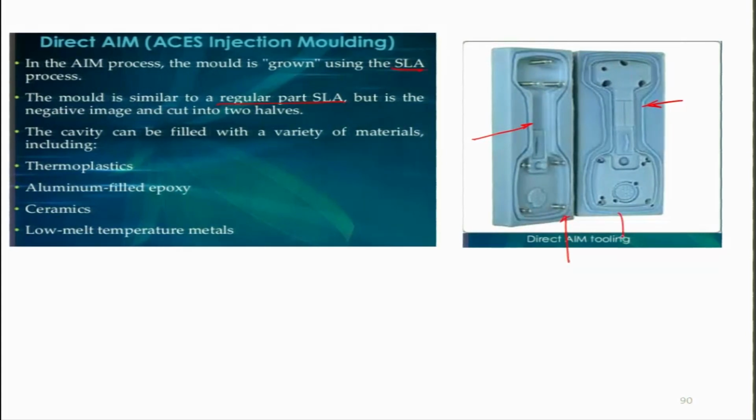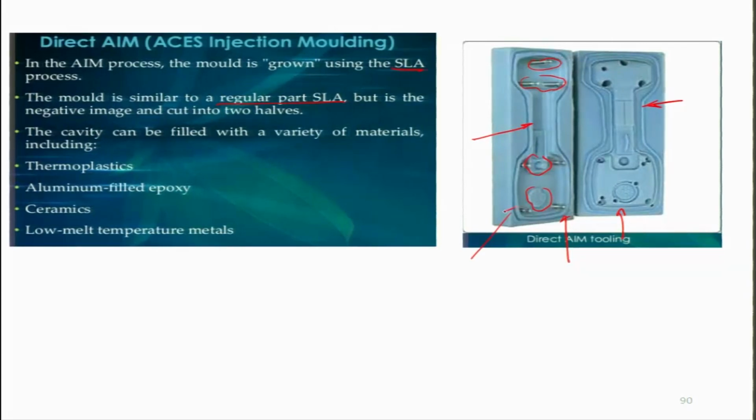So you have split pattern orientation, as you can see in this particular case, and there can be a lot of intricacies defined within the pattern. The negative of the intricacies are defined within the pattern because of the high accuracy approach of the stereolithography process itself. So the cavity can be filled with a variety of materials, of course.